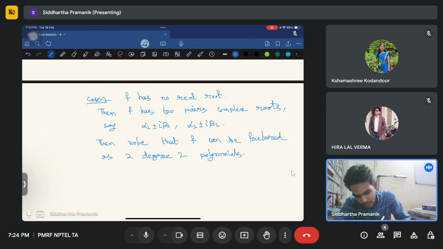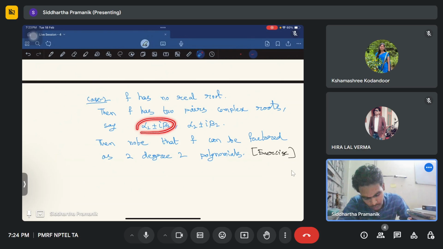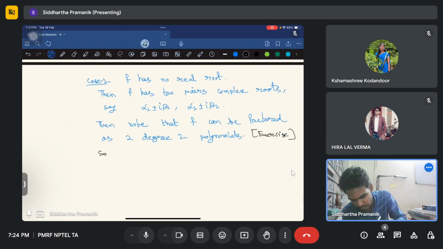This is something you just check. You take a real polynomial of degree 2 whose roots are only these two complex numbers. Then you can check that the coefficients will be real numbers. So f is reducible.